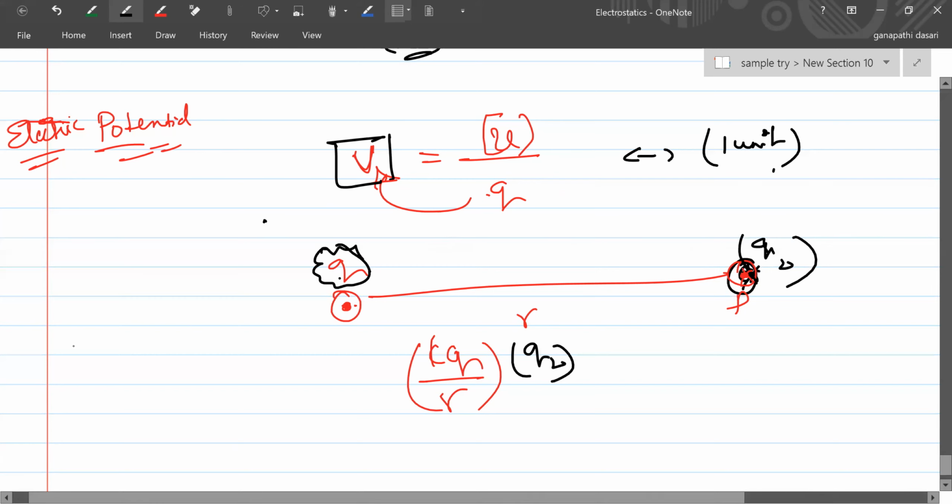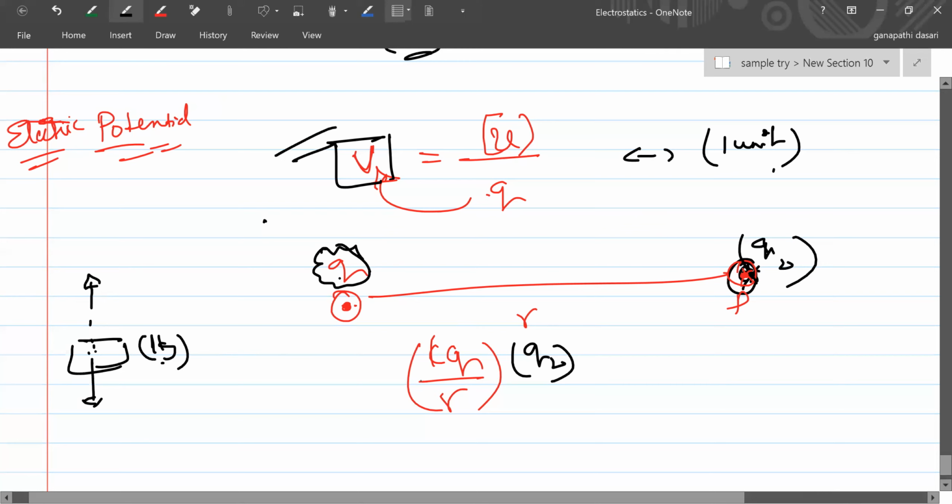Again, take a block: you try to take the block upward against the gravitational force, which is downwards. You need to do work against this force, so that is stored as potential energy. If it is 1 kg mass, that is potential. Here also the same thing. For unit charge, that is potential.